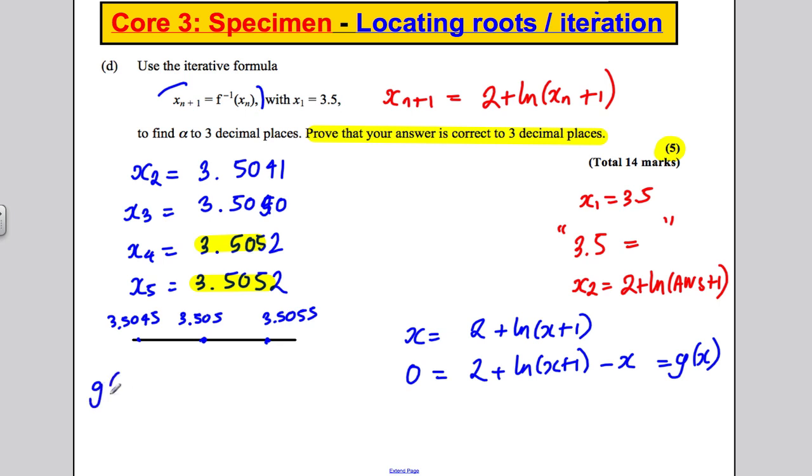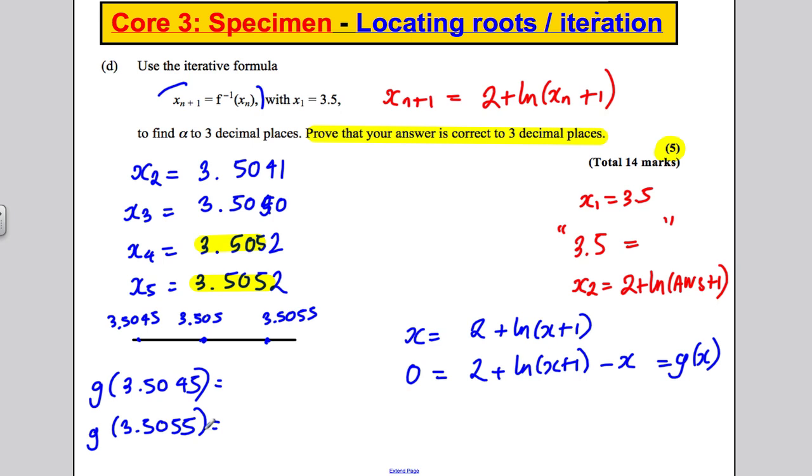So I'm going to work out g of 3.5045, and I'm going to work out g of 3.5055, and hopefully I get a change of sign, and if I do, I know there's a root. So I'm going to type 2 plus ln x plus 1 subtract x.